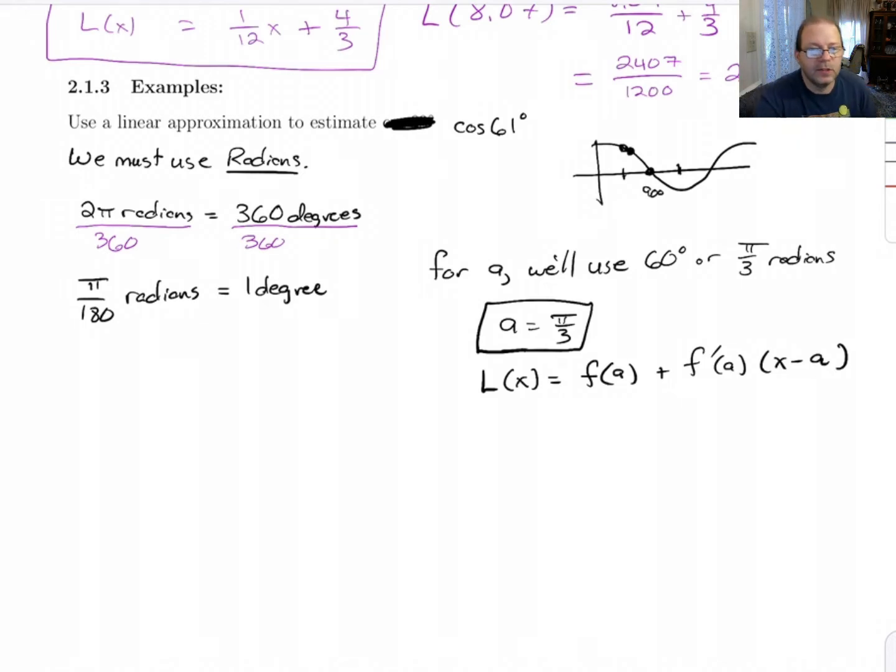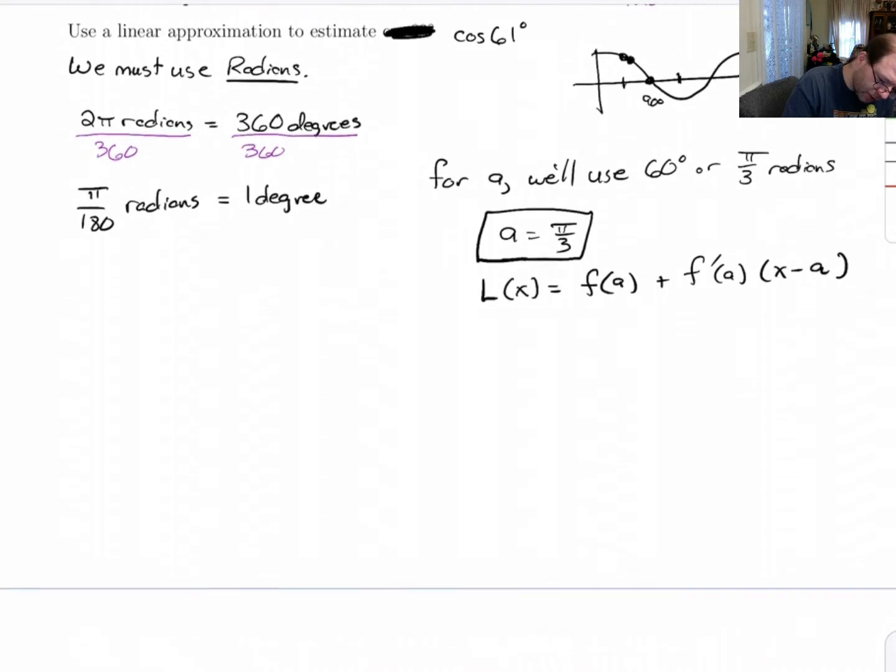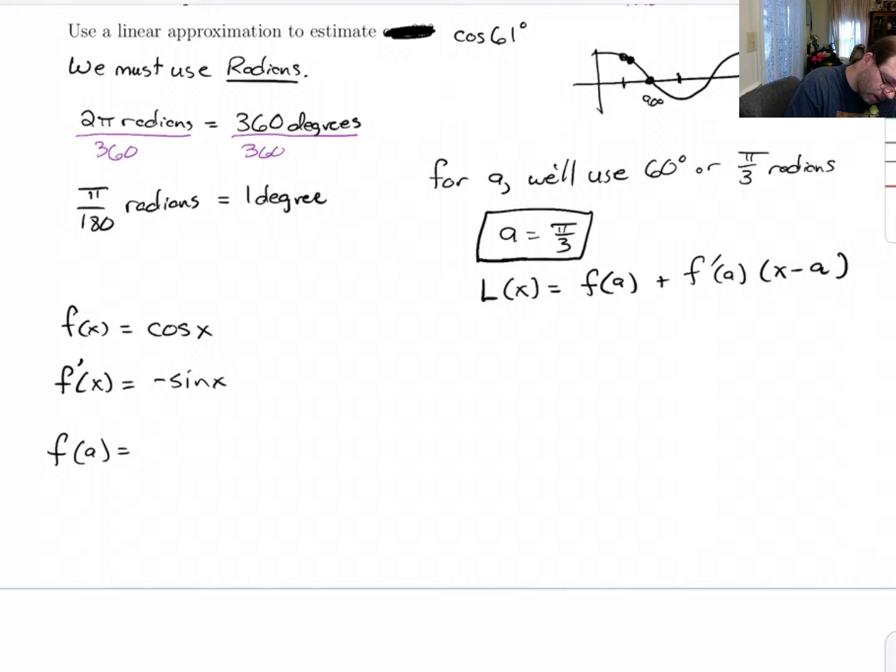All right, so f of A, the function we're dealing with here is cosine. So f of x is cosine x. F prime of x is minus sine x. And let's see, f of A, in this case, that's f of pi over 3.